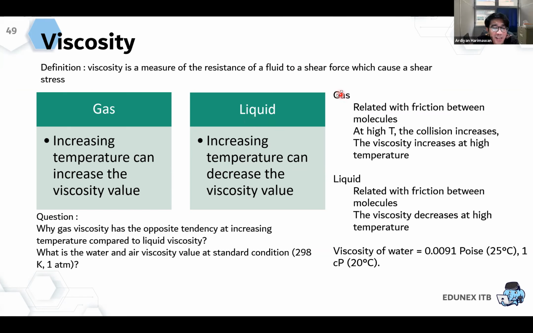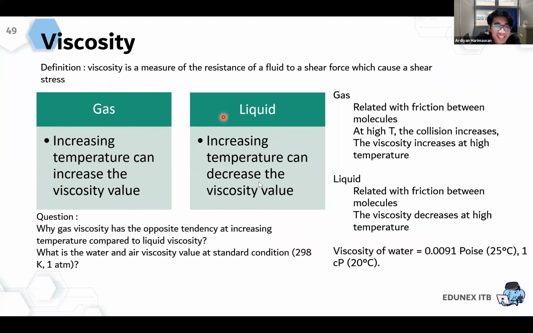Before reading this, if you ask maybe your brother, your little sister, or your parents, if your parents are not chemical engineering graduates, of course, what will their answer be when you ask what is viscosity? Apa itu viskositas? Biasanya jawabannya apa? I don't know. I've never asked my siblings that question.